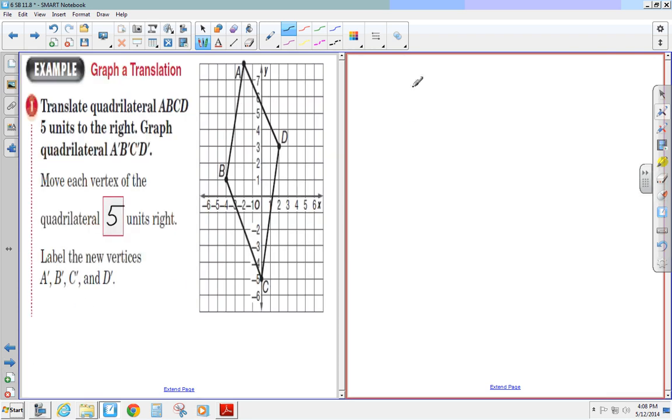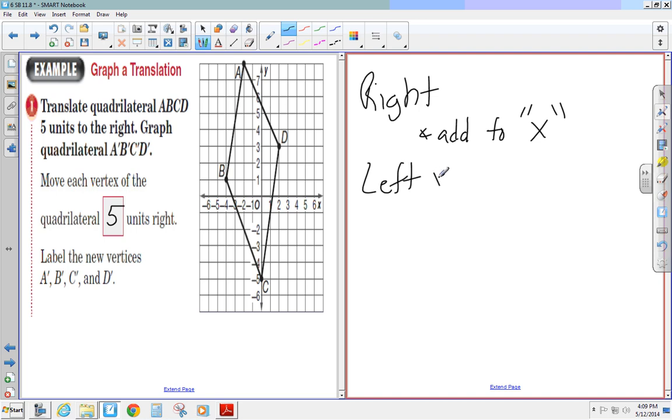And I'm going to add here something. Right, you add to x. Left, subtract from x.